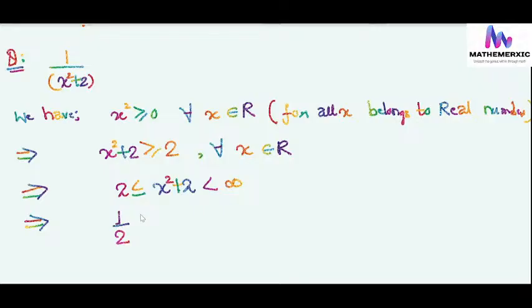So reciprocal, we will change the sign there. 1 by x square plus 2, it will be 1 by infinity, that is 0, implies that half.